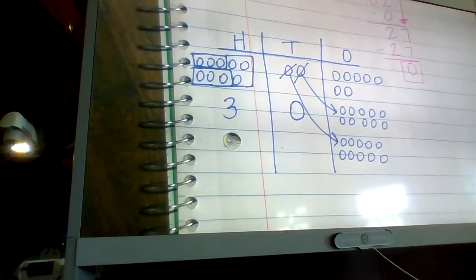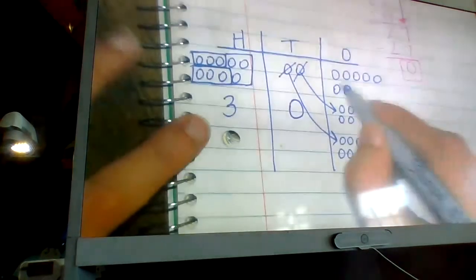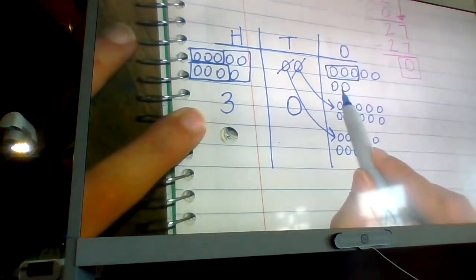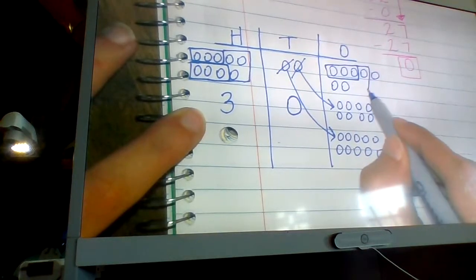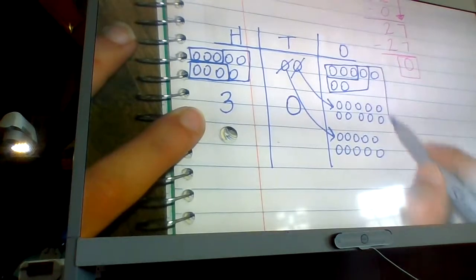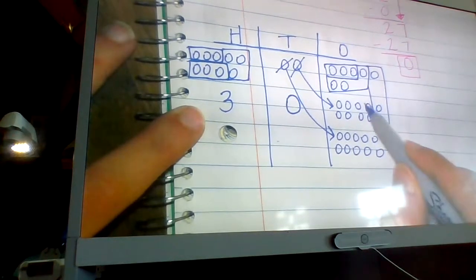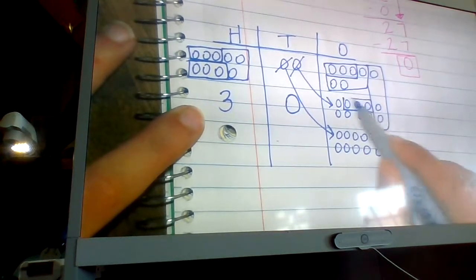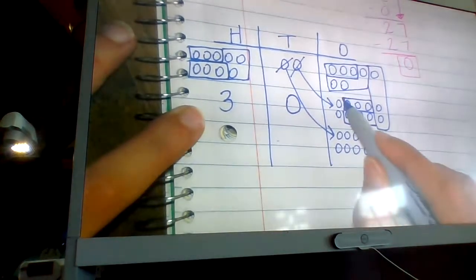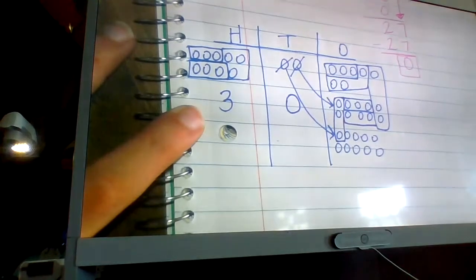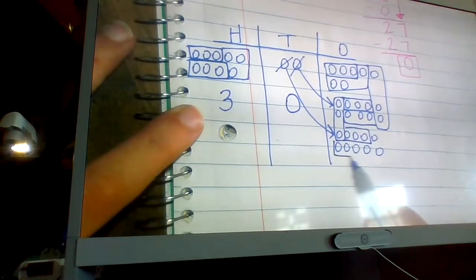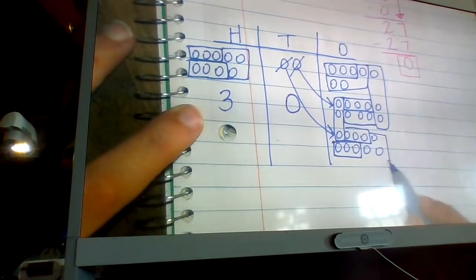Now I can make groups of 3. 1, 2, 3. 1, 2, 3. 1, 2, 3.